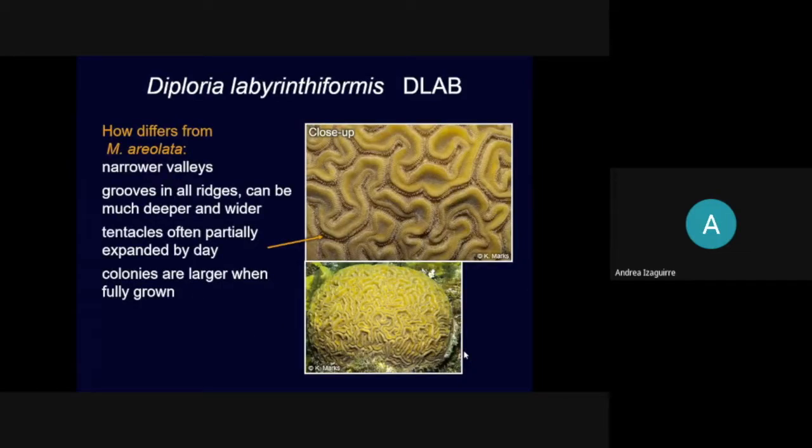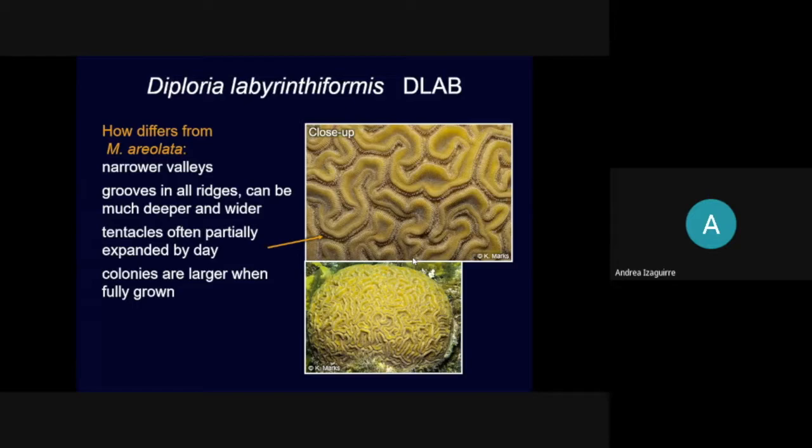In this close-up, you can see that it's only one wall, but that groove is so distinct that it's going to make it seem like it's two. You're going to recognize this coral and differentiate it from MARE before because the colony itself is going to be a lot bigger. But what if it could be a very small DLAB?